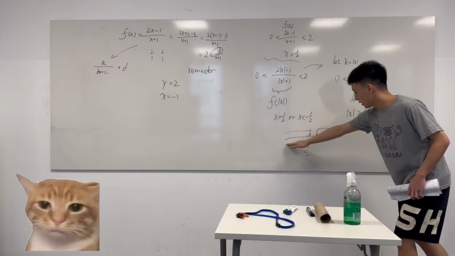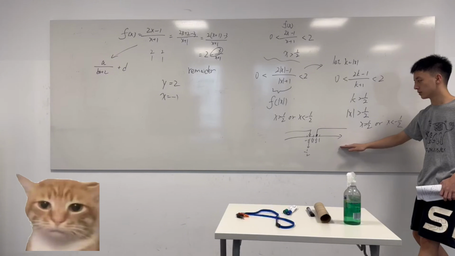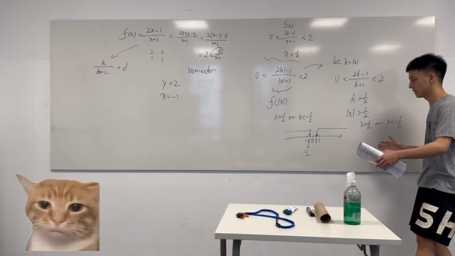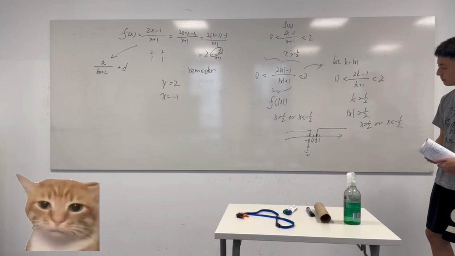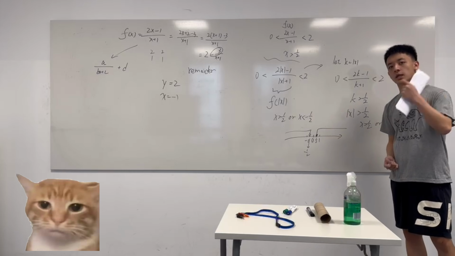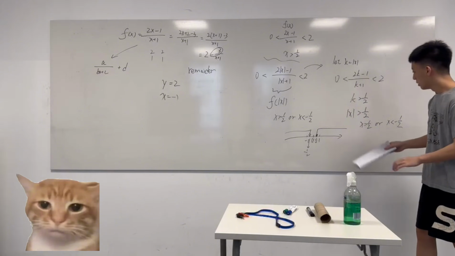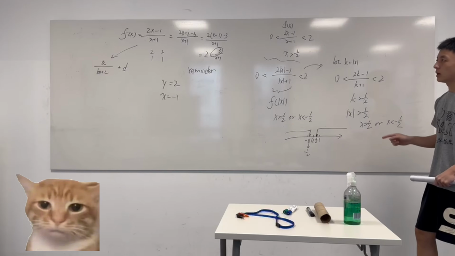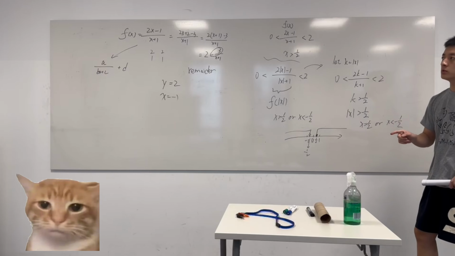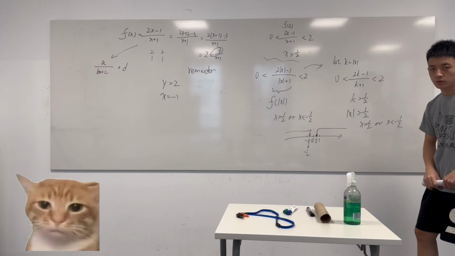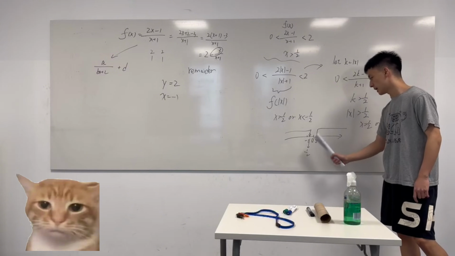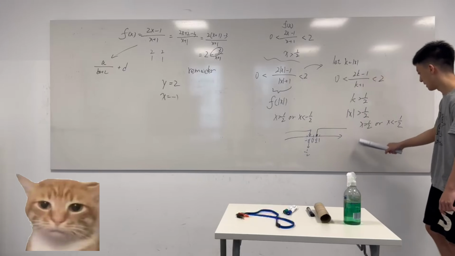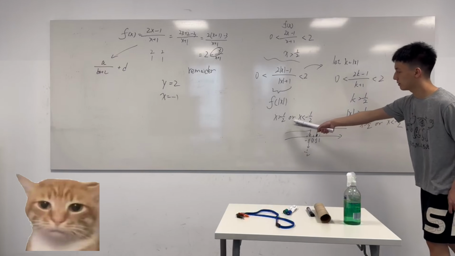Let's use this line, the real numbers, to explain it. The absolute value of a real number means the distance between this number and 0. So the distance between this number and 0 is more than 1 over 2. So it means this number is more than 1 over 2 or less than negative 1 over 2. So the answer is exactly the same.